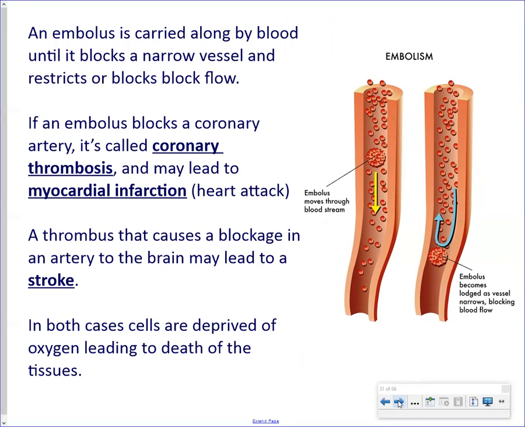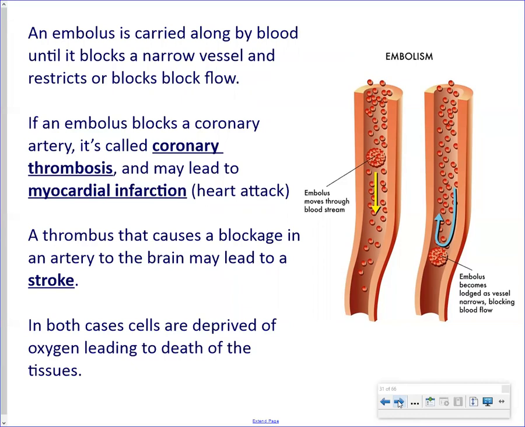So the coronary artery supplies the heart muscle itself with oxygen. So if that gets blocked by an embolus, we say that that's a coronary embolism or a coronary thrombosis. And that stops oxygen getting to the heart muscle, and that causes a heart attack.